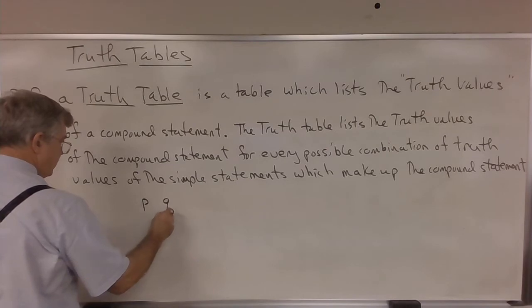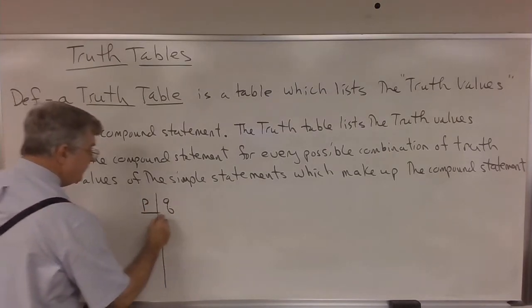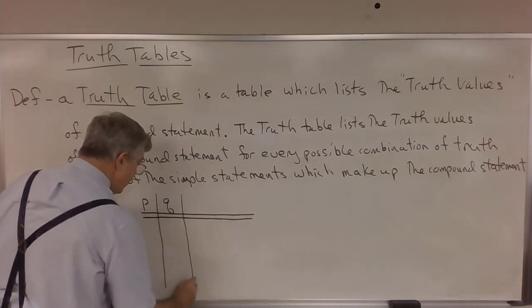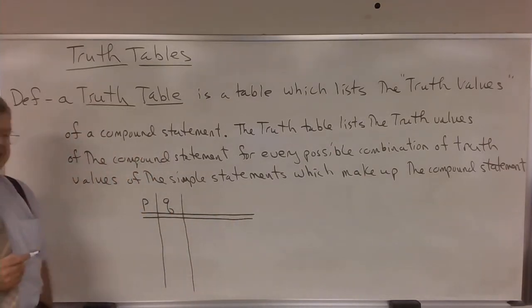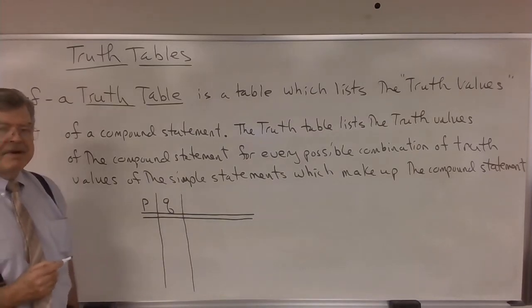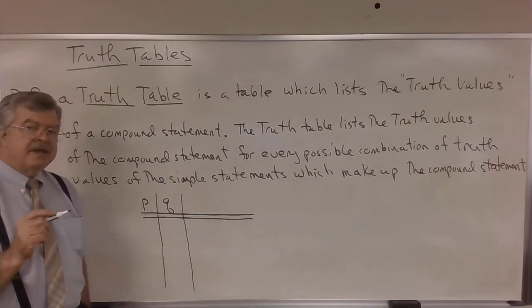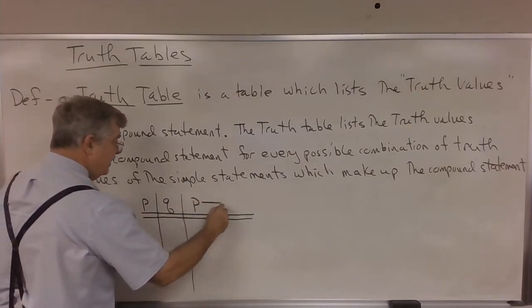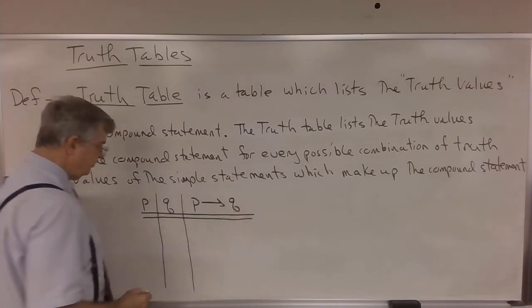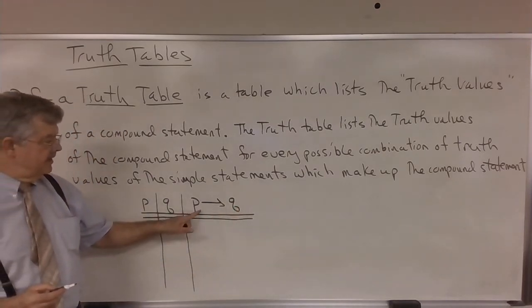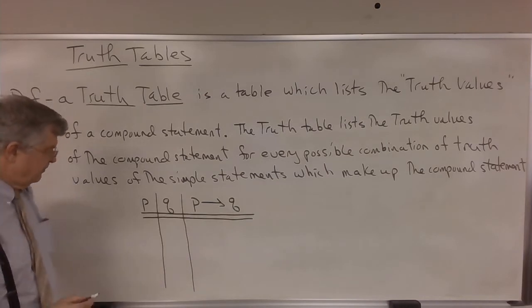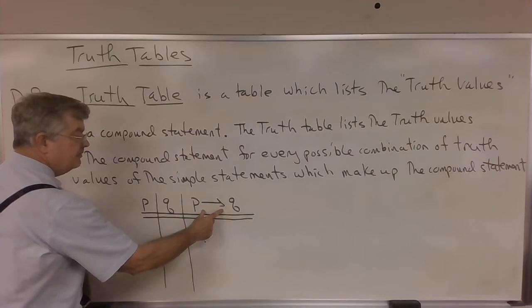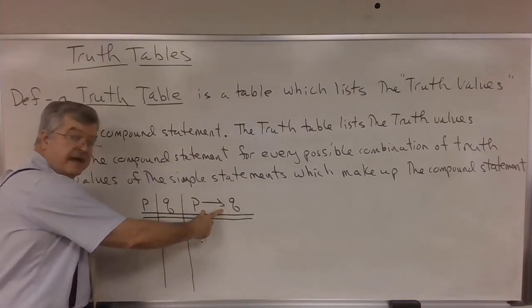P, Q, those are my simple statements. And I want to construct a truth value for the compound statement if P, then Q, which is also read P implies Q. So we have if P, then Q. This is the compound statement whose truth values we want.